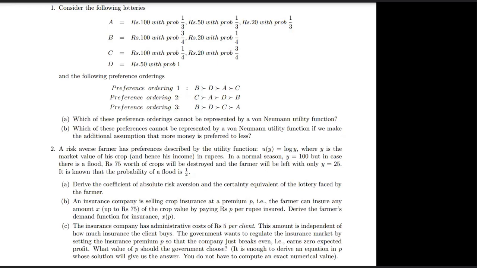This amount is independent of how much insurance the client buys. The government wants to regulate the insurance market by setting the insurance minimum fee so that the company just breaks even.